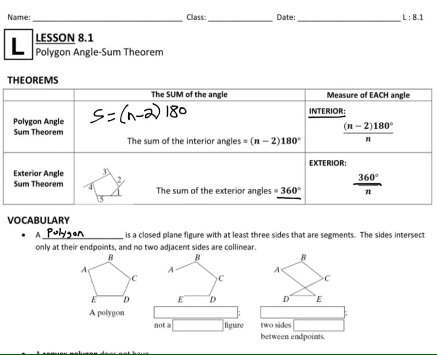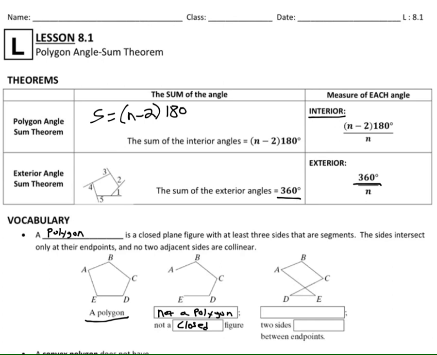First, look at this first one. Of course, A, B, C, D, E is an enclosed shape with just straight lines, so it is a polygon. The next one is not going to be a polygon, because if we go all the way around, it is missing a side, so it's not closed. It is not a closed figure, so this would not be a polygon.